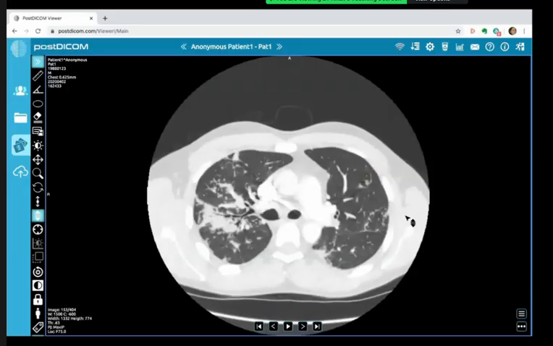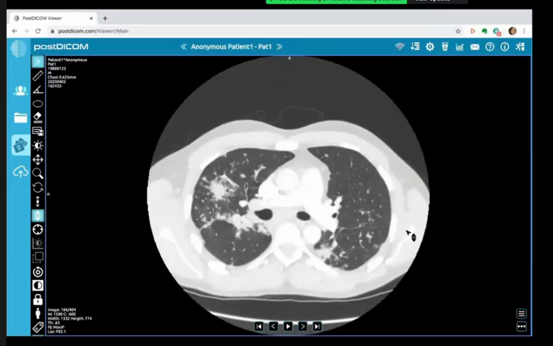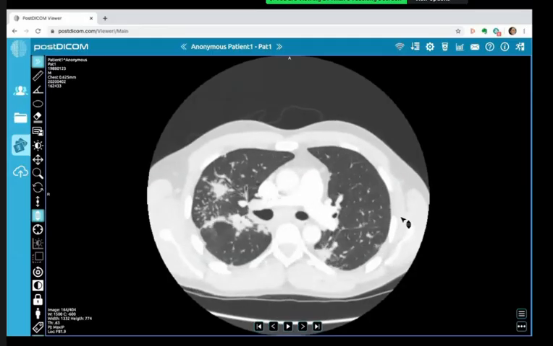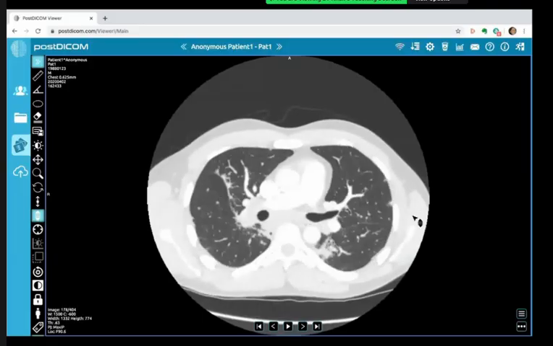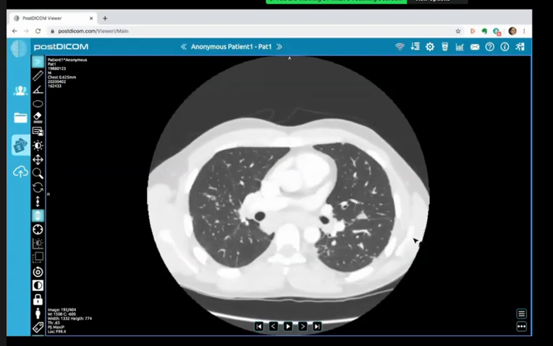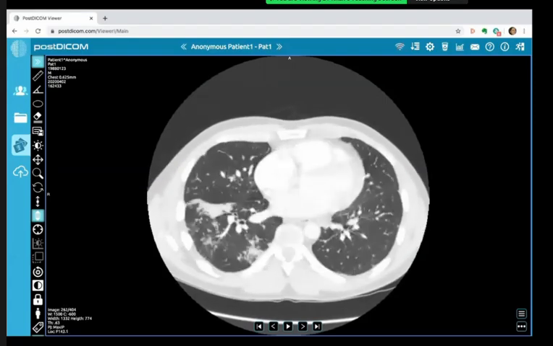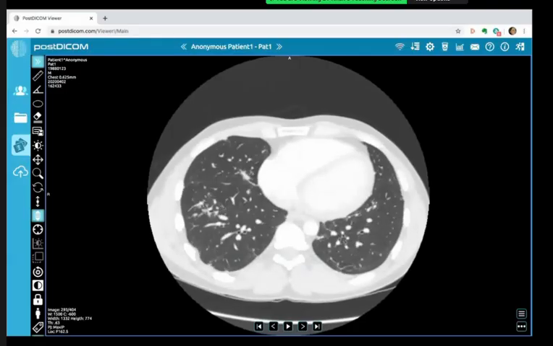The appearances are quite suggestive of either sarcoidosis or even TB, but sarcoidosis is my top differential here because of the perilymphatic distribution of the nodularity.